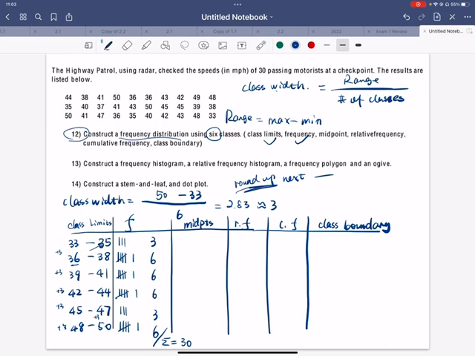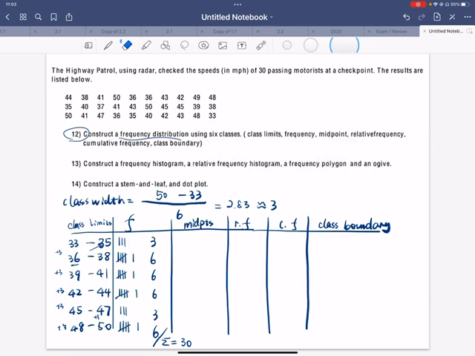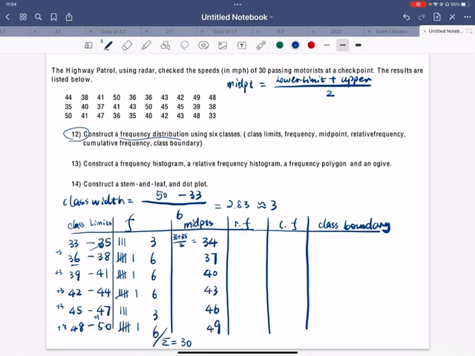To find the midpoint, we use the lower limit plus the upper limit and divide by 2. So I have 33 plus 35 over 2, that will be 34. Just repeat the process, and we have all the midpoints.